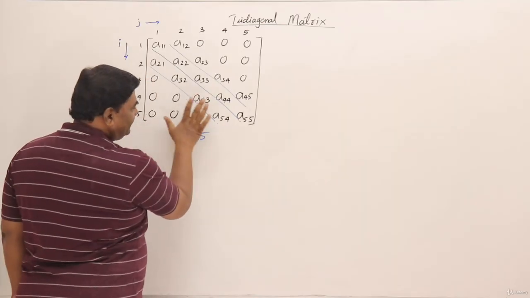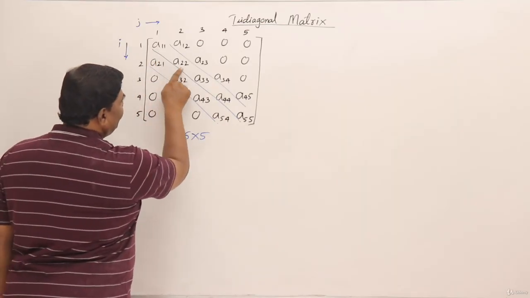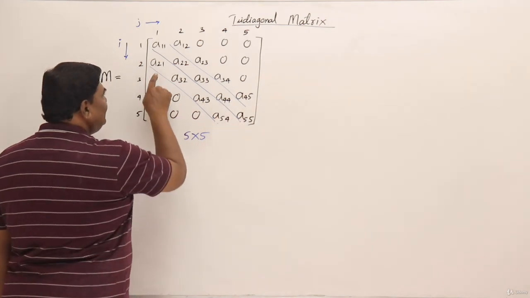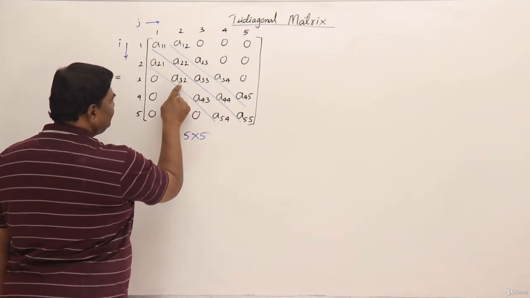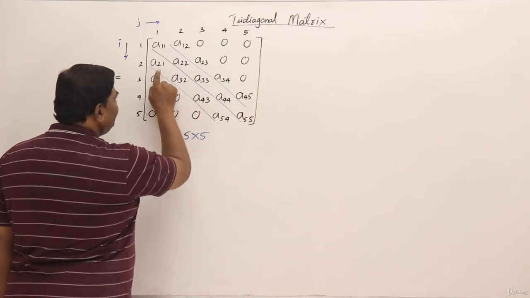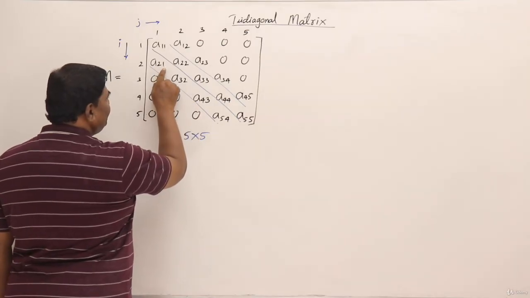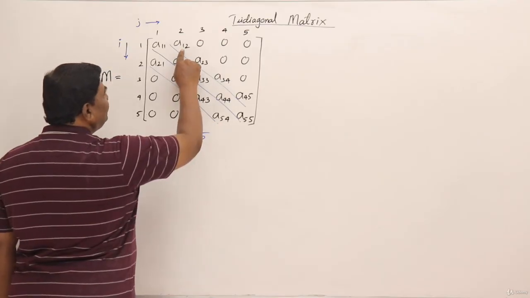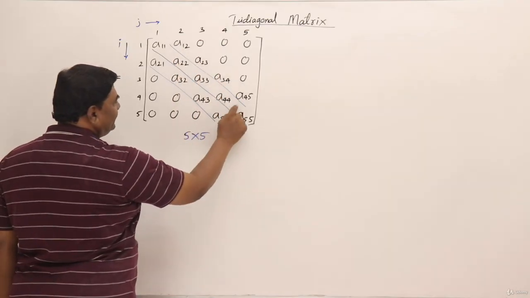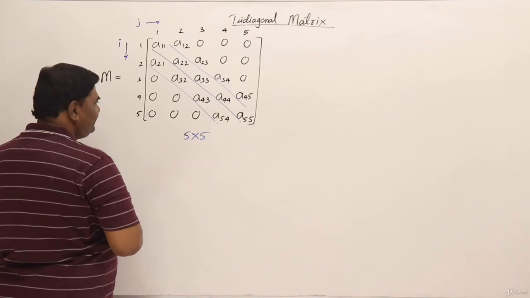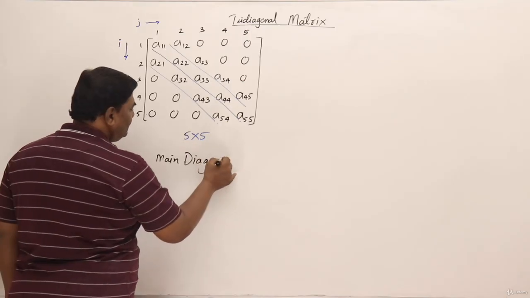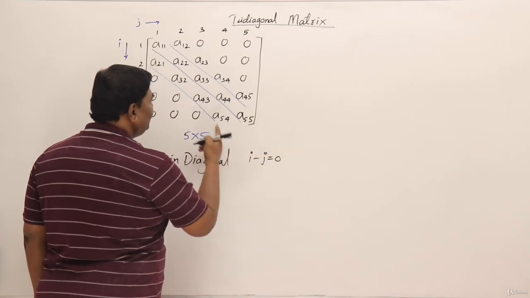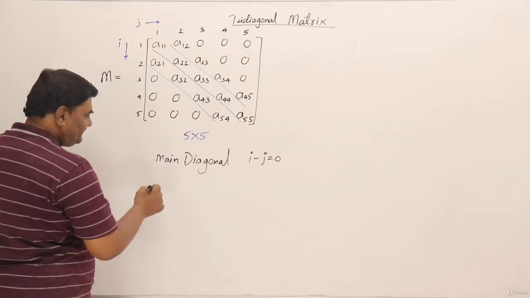The elements in the diagonal have i equal to j. And for the elements in the lower diagonal, 2, 1, 3, 2, if I subtract i minus j, this gives me 1, 1 and 1. For the upper diagonal, i minus j gives me minus 1, minus 1. So the elements in the main diagonal satisfy the property that i minus j is equal to 0.